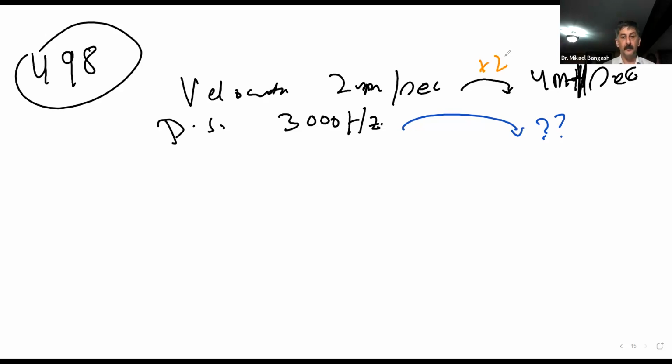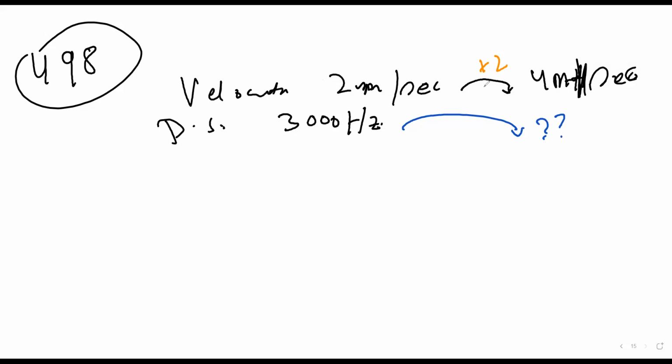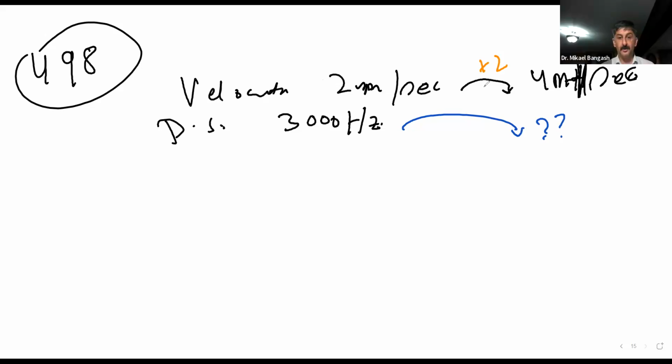I hope everybody will be able to see that 2 times 2 becomes 4, right? So the speed doubled. So what's going to happen to your Doppler shift if they are directly proportional? Well, it's just going to double as well. So it goes to 6,000 hertz. Because what was it we just said?